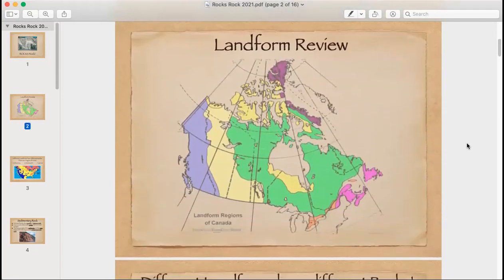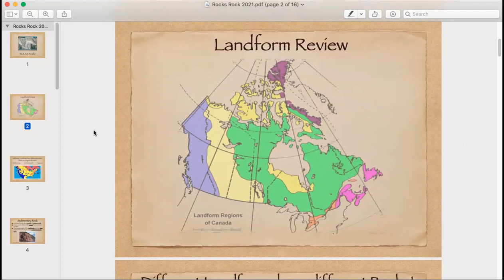Now, when it talks about landform review in this particular PowerPoint, you might look at this and be like, I don't actually recall us doing Canada's landform regions. And you're correct. Okay, we have not done that yet. That's actually going to be part 2 of our physical geography unit.